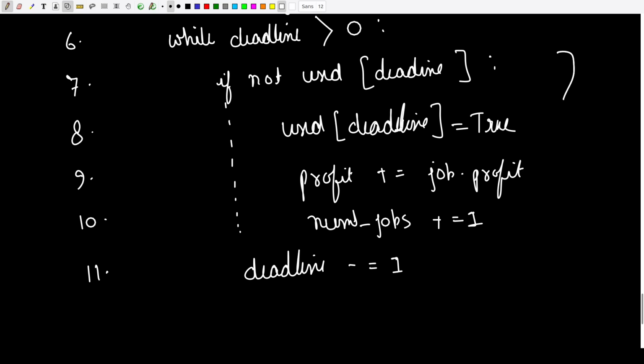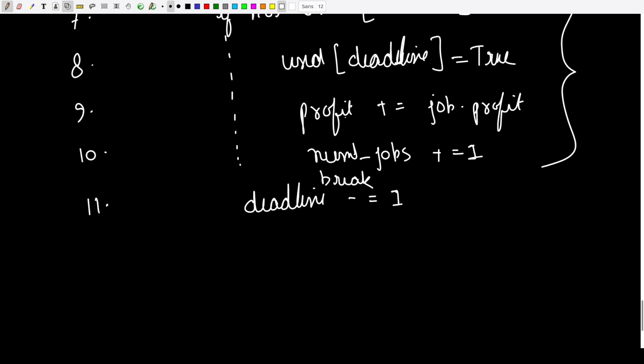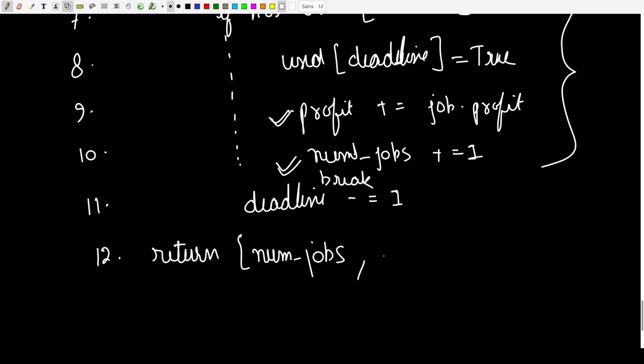And one more thing, folks, once we have found a slot, then we are going to break from this loop, and in this way we will be able to compute our maximum profit and the number of jobs, and towards the end all we have to do is return the number of jobs and the profit we have obtained so far. So that's the pseudocode, folks.